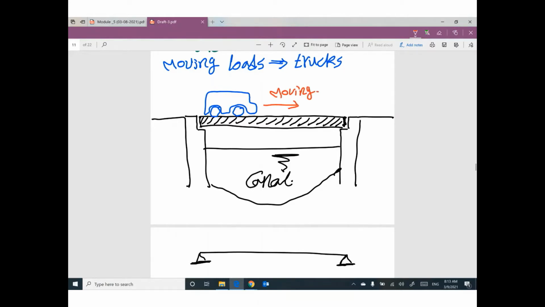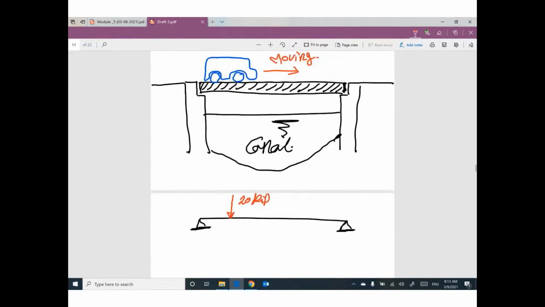I'm sorry, what do you mean by moving? I mean sometimes this truck is here. Assume the weight of this truck is 20 kip, for example. At a certain instant, the truck is at this location, so we have reactions; probably this reaction is 15 and this reaction is 5.